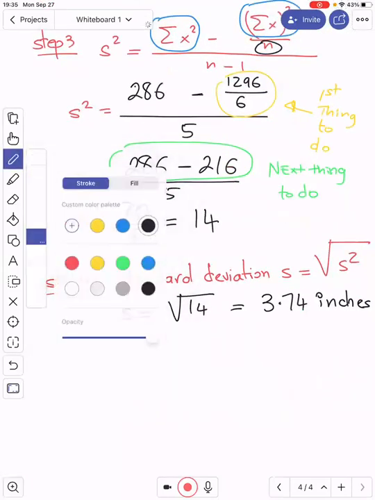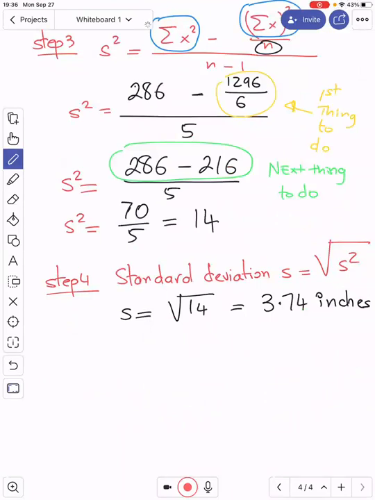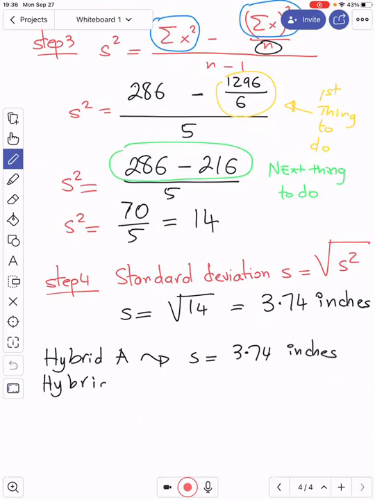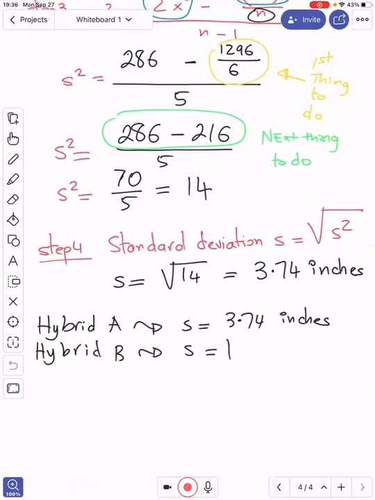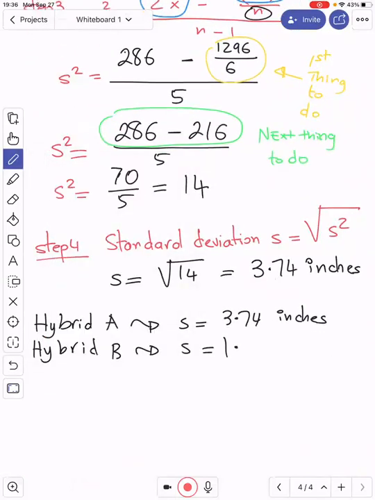In hybrid A, its standard deviation is 3.74 inches. Hybrid B, the standard deviation, we said it's 1 point something, was 1.26. Thank you, I appreciate it. 1.26 inches.